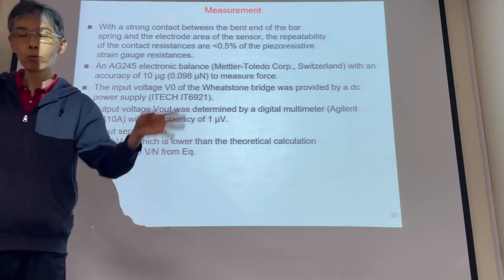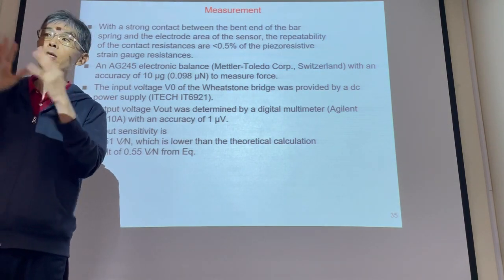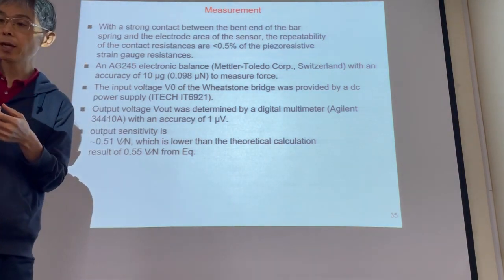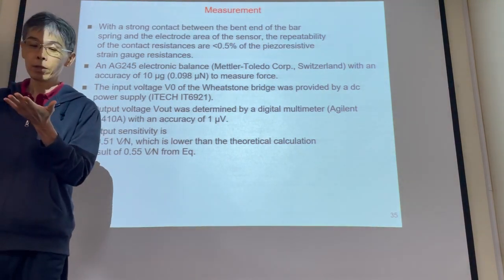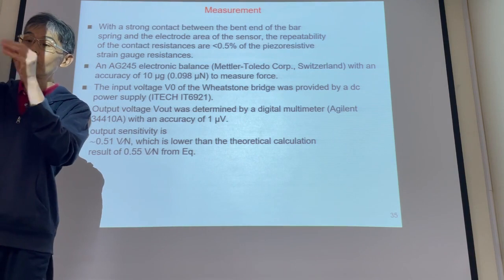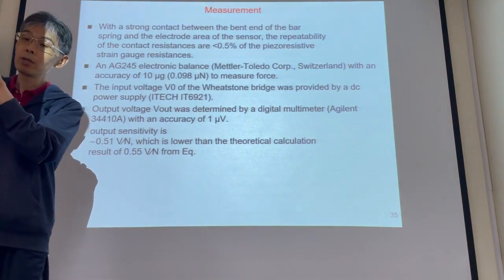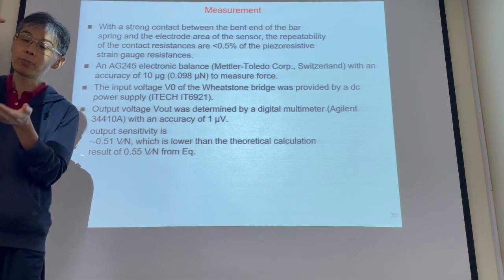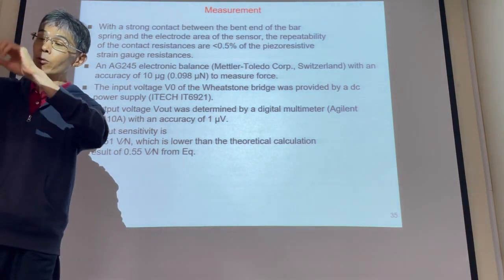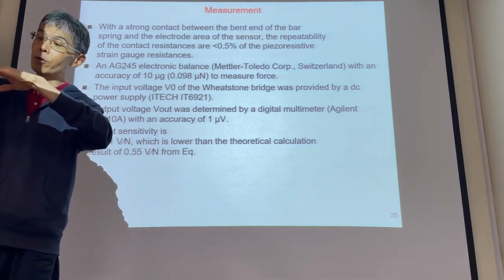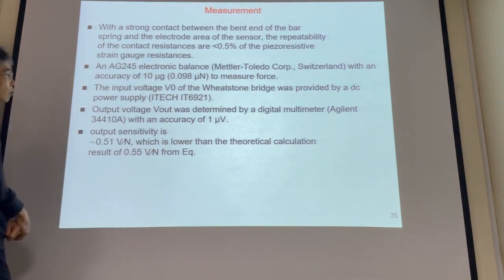We have a scale to measure human weight, a large scale. We have a small precision scale to measure tiny object weight. But in this case, if you have a probe, and we have a load cell at the end of the probe, so we push the probe to the micro cantilever. The load cell here will measure the downward force. But they use the electronic balance to do that.